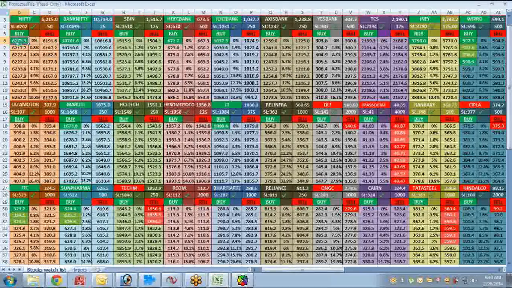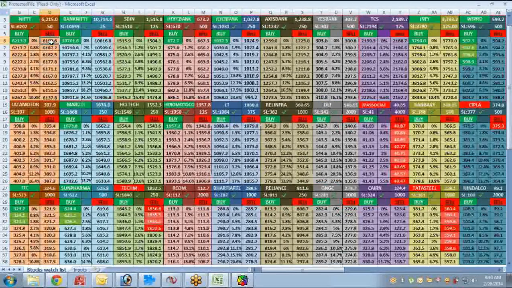And in case, let's say Nifty comes to 6191, you'll buy a put option. So that is how we trade.